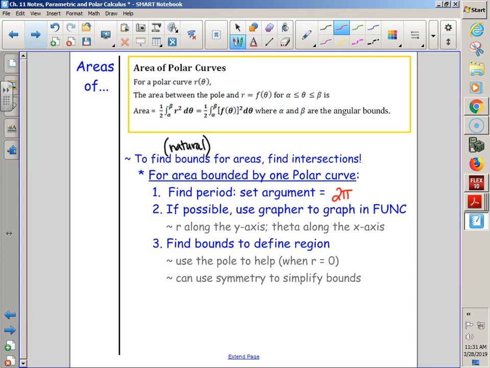If I can graph two polar curves in function mode, can't I see where their x's and their y's are the same? But wait a minute, I'd have to make x equations and make y equations. Maybe if I graph in function mode, I can find the intersections between r's.